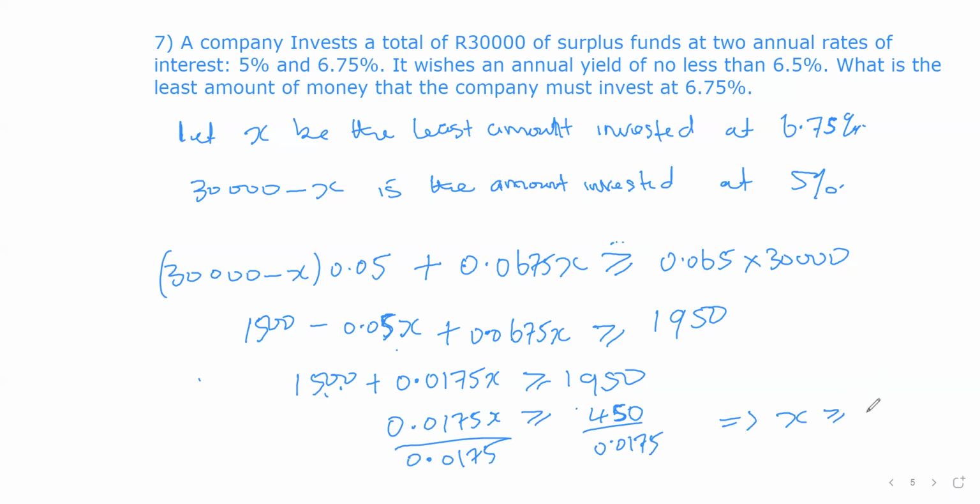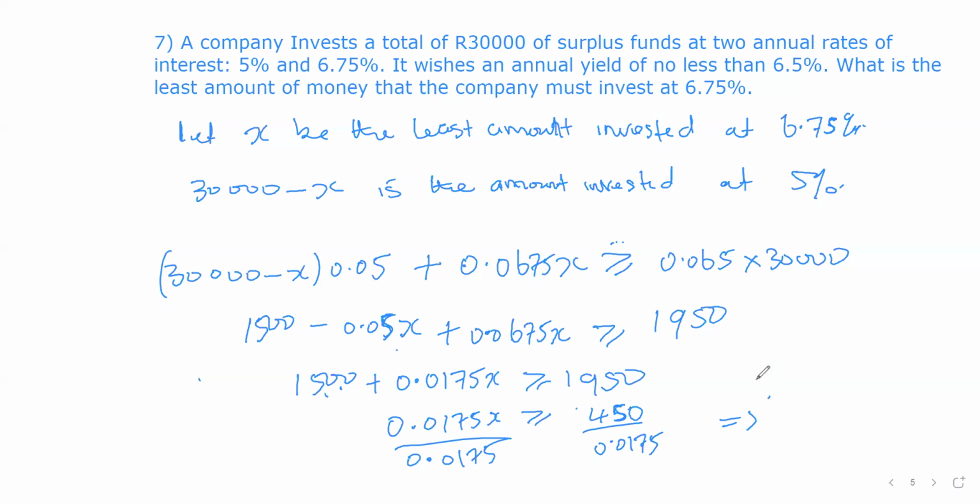We get x to be greater or equal to, so I'm rounding to 499.98, basically. X is greater or equal to this. So the least amount that should be invested, are we not missing something? I think I'm missing something. I made a mistake and subtracted on my calculator instead of dividing. It's really absurd that the amount is this small from 30,000.